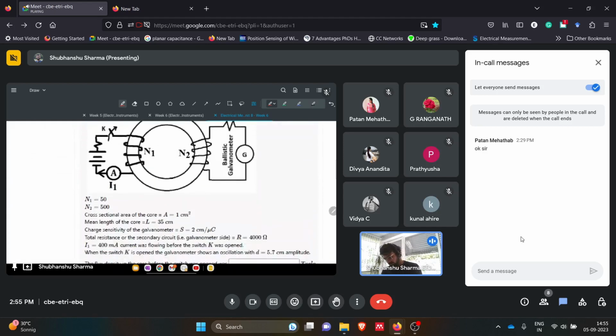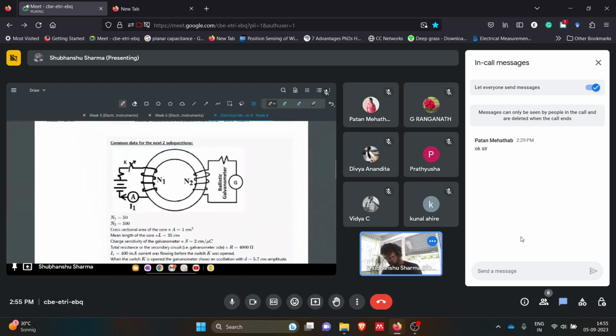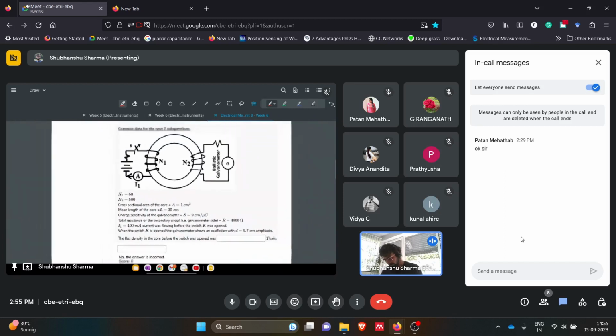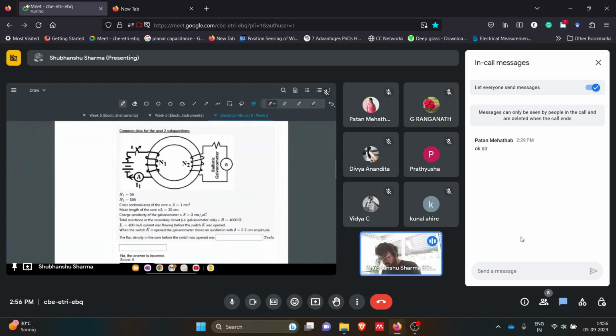Then we have this ballistic galvanometer type question, which was discussed in the lectures. We have N1 and N2 turns on this circular core transformer, and we have this ballistic galvanometer, which will give us the change in flux density. We know that EMF is N dφ/dt, so it depends on the change in flux.